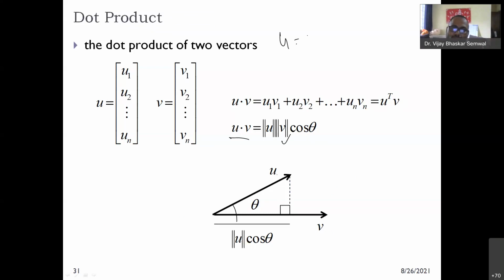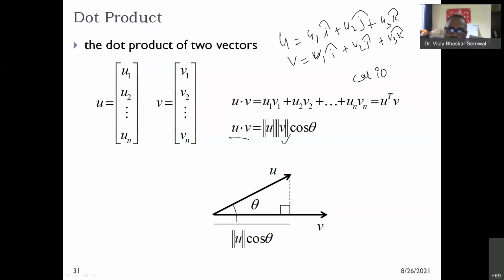And what is u? u1 i, u2 j, u3 k, where i, j and k are unit vectors along the x, y, z axes, and v equals v1 i, v2 j, v3 k. If it is cos 90, the value will be 0. Cos 0 angle is 1.